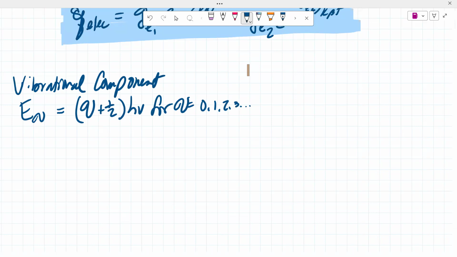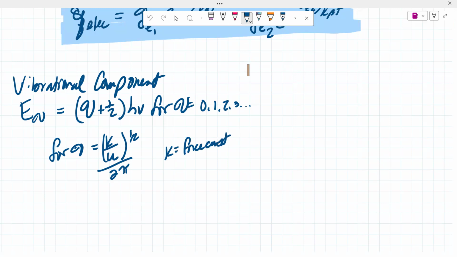These are the vibrational levels for nu equals (k over mu) to the 1/2 over 2 pi. k equals the force constant. This is not the same k as the k_B T k.